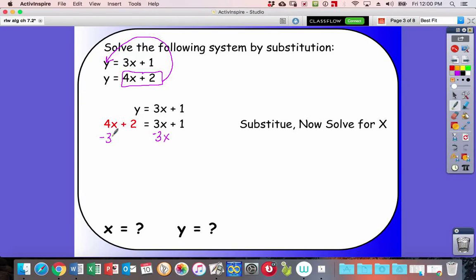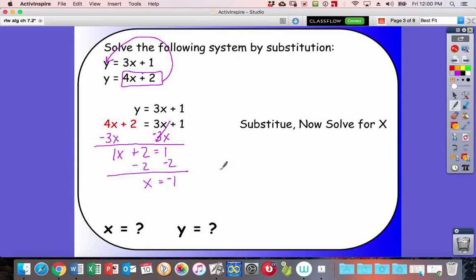So I'm going to subtract 3x from both sides, and I end up with x, that would be 1x, plus 2 is equal to, those are 0, they cancel, 1. Now I still need to get x by itself. I'm going to subtract 2 from both sides, and I get x is equal to -1.